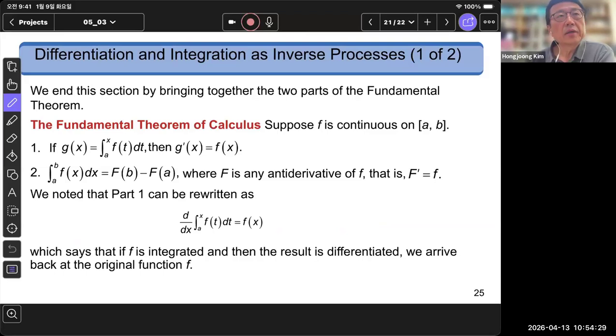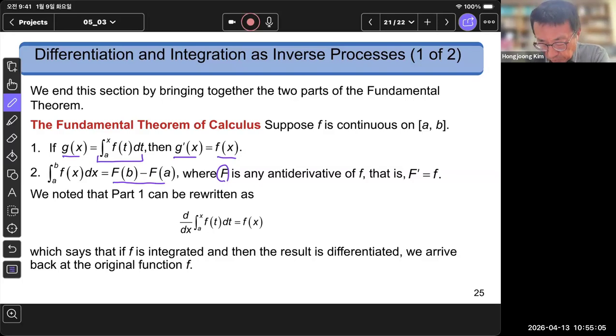So, as I said, if I define g of x by this, then that is one of the antiderivatives of f. In other words, when I differentiate, g prime, you get f of x. And if I know any antiderivative of f, then the difference of the antiderivatives at these two endpoints will give you the definite integral of the function.